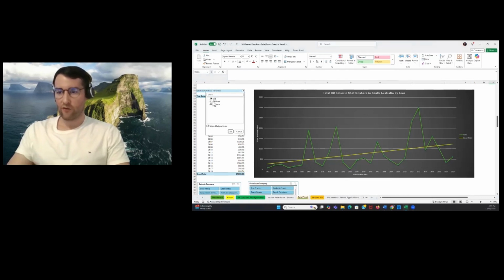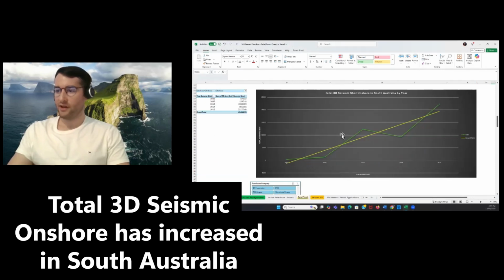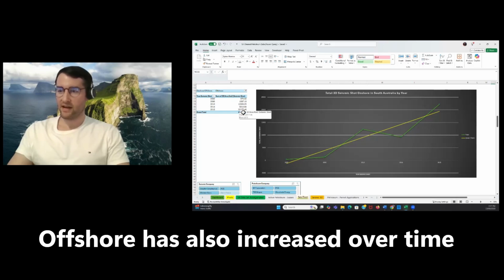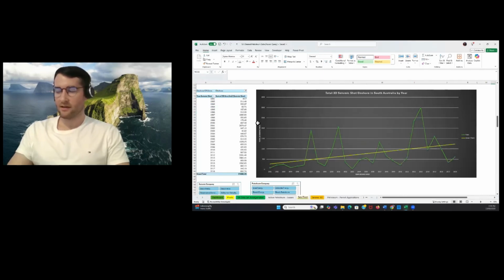If I go to offshore, it has also increased as well. You can see there are some pretty big numbers there in terms of area per square kilometre of surveying being conducted. Quite interesting, I guess.